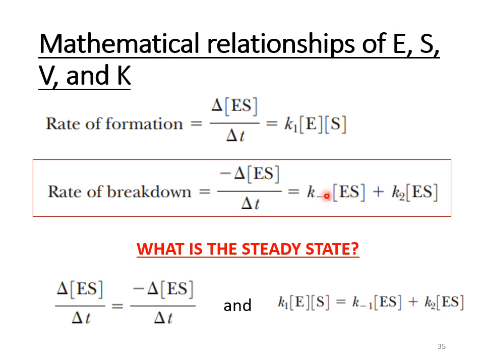So now they're represented over here. When you see negative, that's breaking it down. When you see positive, that's building it up. And the steady state is this equation here, which tells you that the rate of formation of the enzyme substrate complex is equal to the rate of breakdown of the enzyme substrate complex.